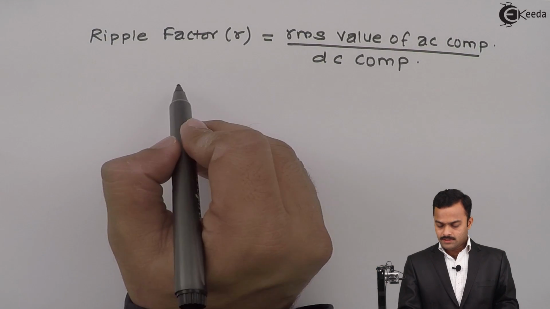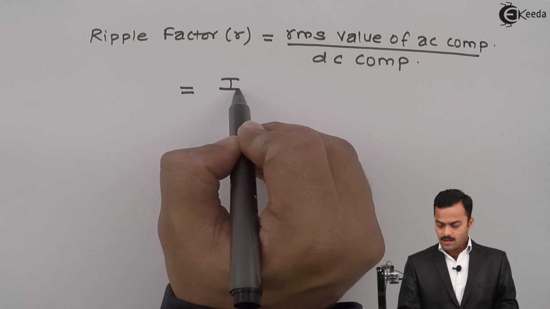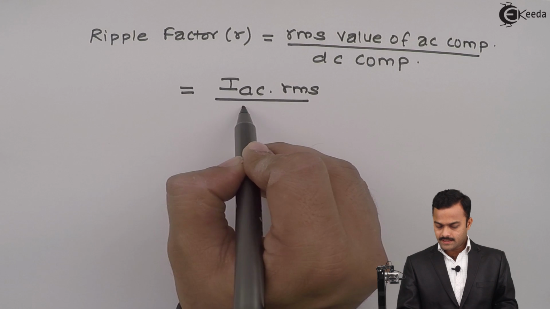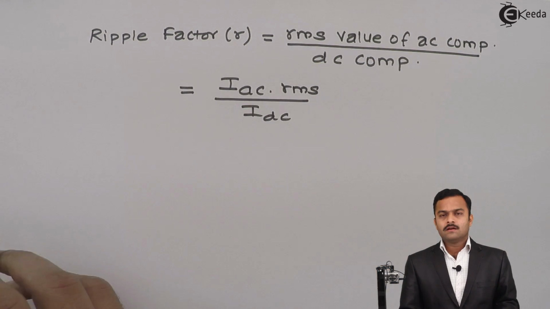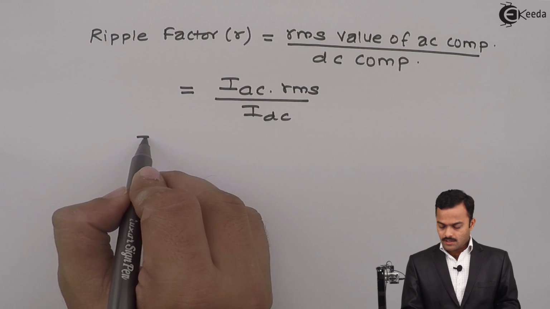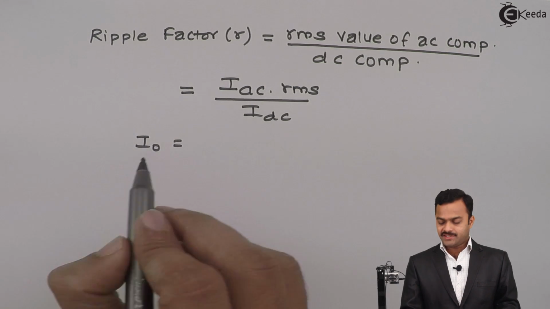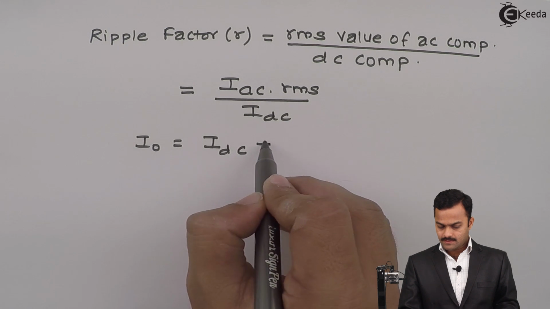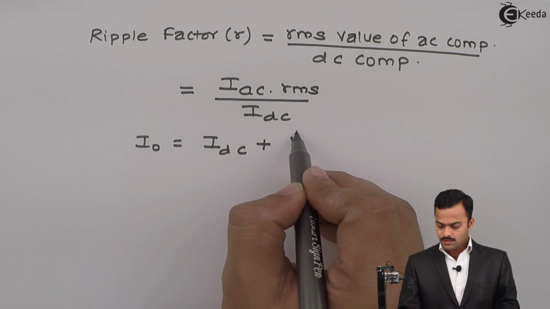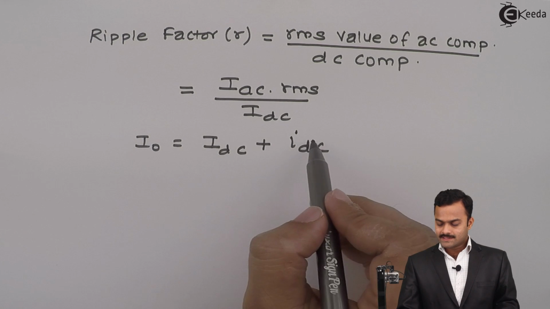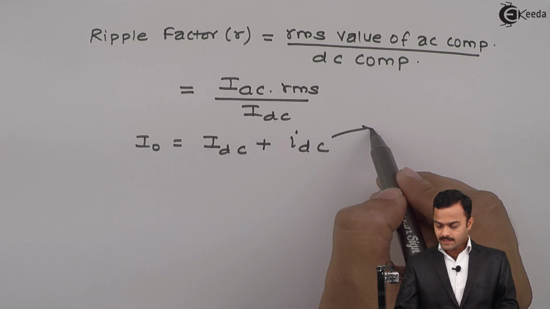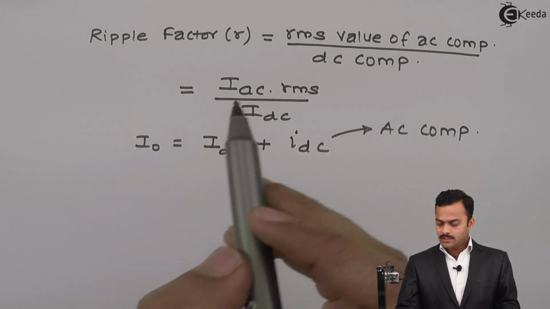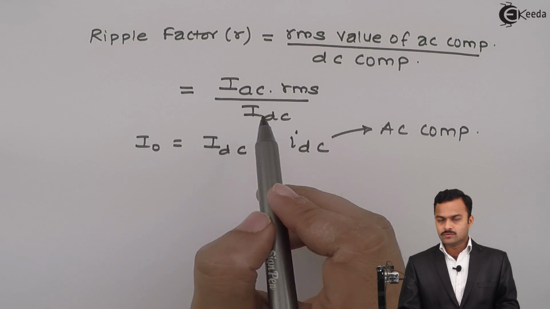Now this can be represented as IAC RMS and DC is IDC. Load current I0 is addition of IDC and small iac, and this small iac is AC component. But what we should know is RMS value.